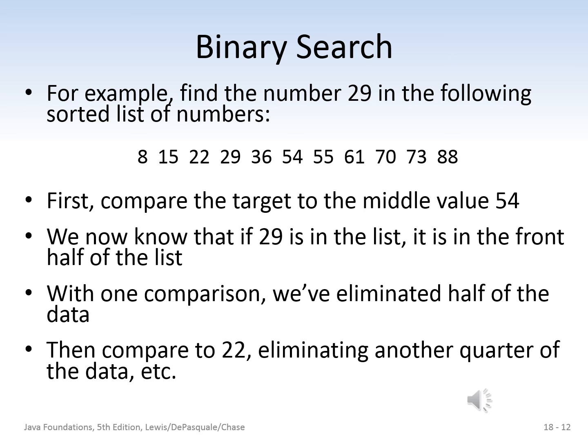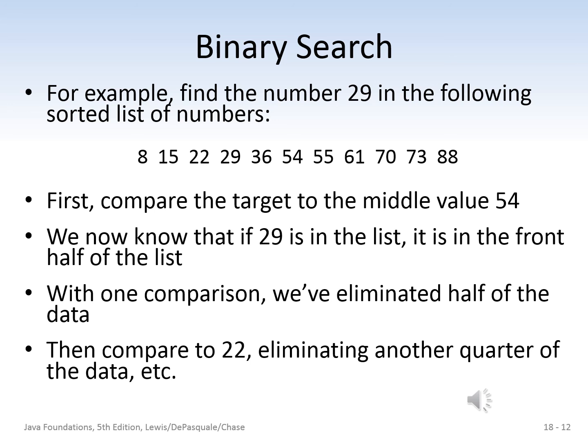So we find the midpoint. We'll take the number of elements divided by 2. And if we don't get right in the middle, we'll just go one less. So we'll get to the midpoint of 54 in this list. And we'll compare the target 29 to 54.